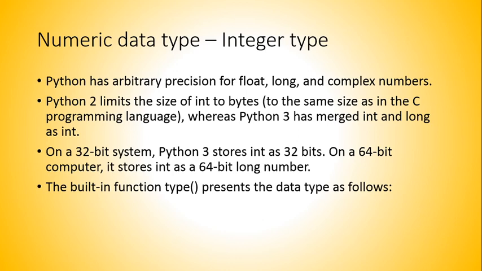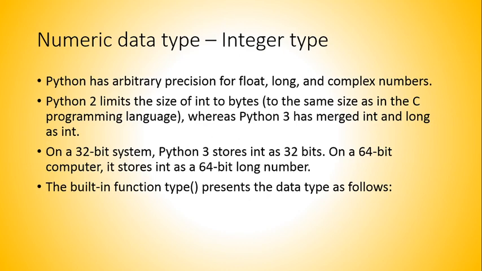The positive side of this architecture is that the users are not limited to the range of numbers, but they must always ensure that sufficient memory is available during the calculation to avoid erroneous results. So this is a part of the integer data type. The positive side is that it's not limited to the range of numbers.